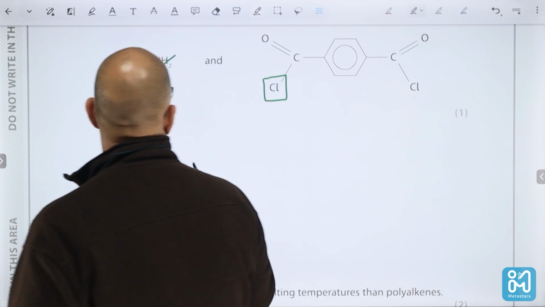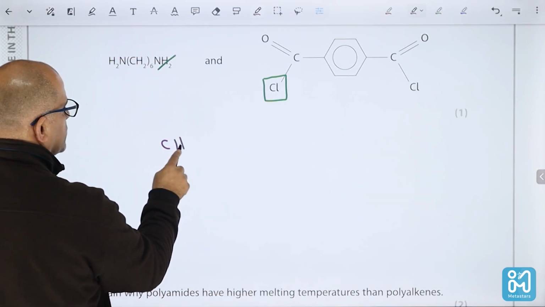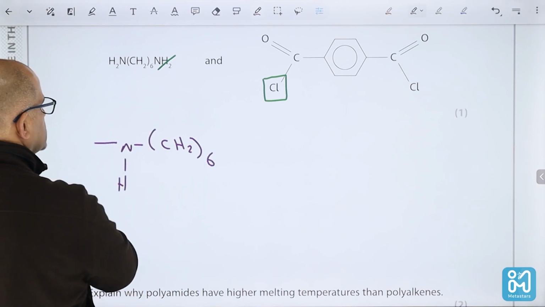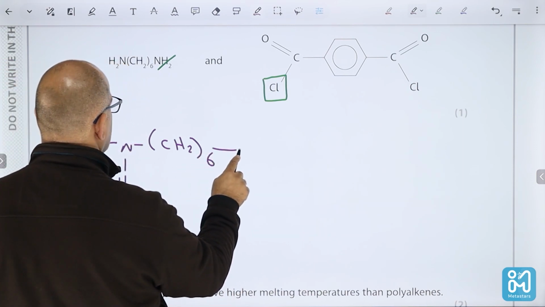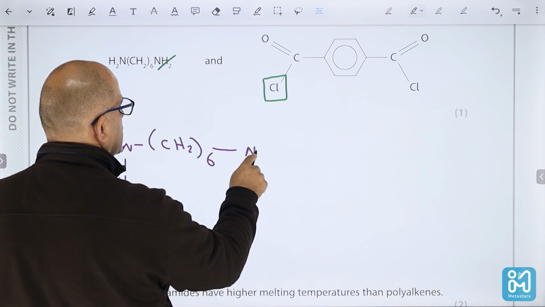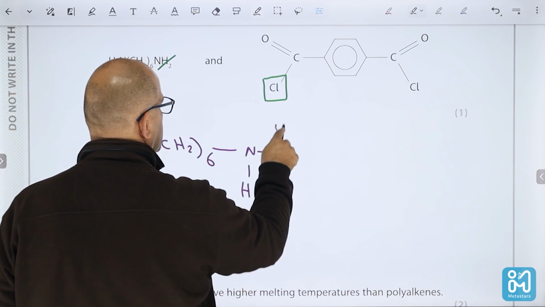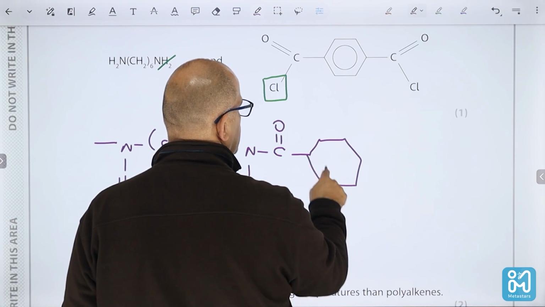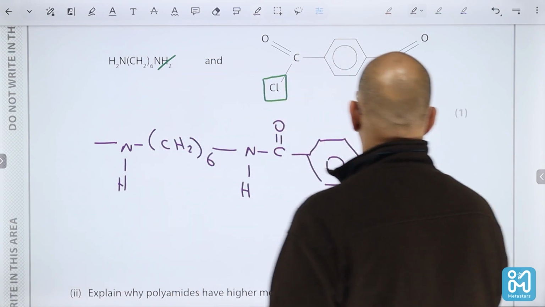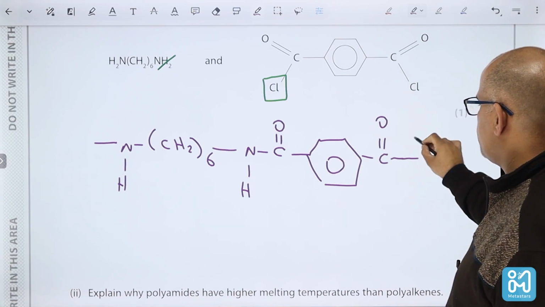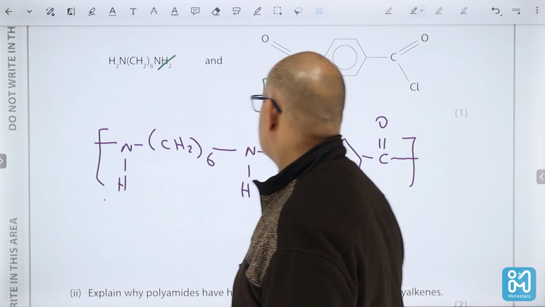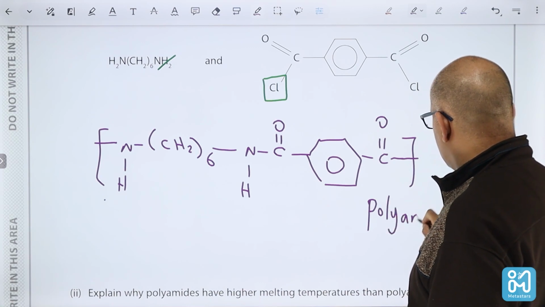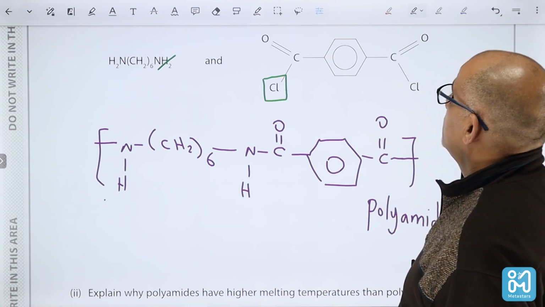So you will discover something like that: (CH2)6 in the middle, here we have N, that's the unit, and then N, then C double bond O, then the benzene ring, and C double bond O. That's the repeat unit for the polyamide.